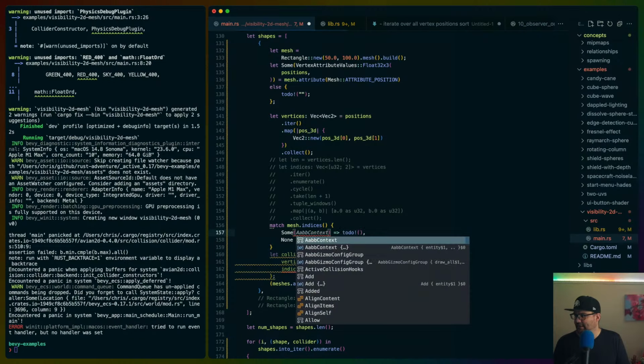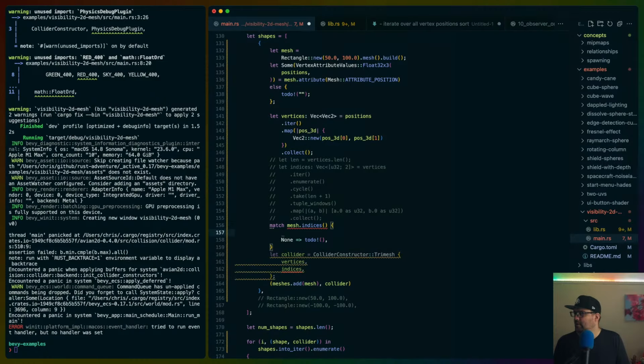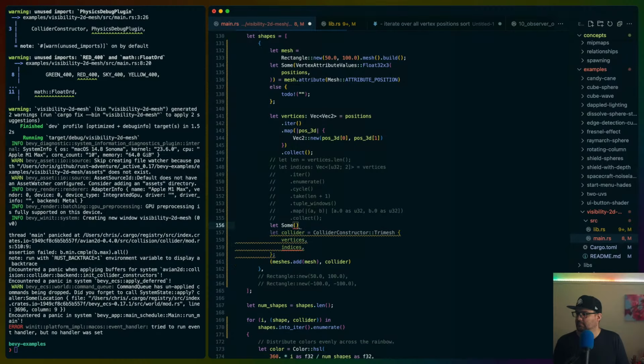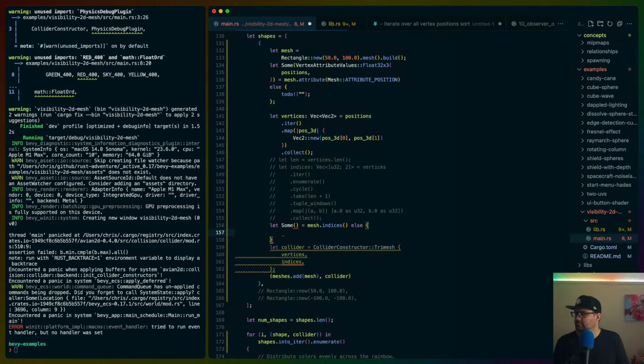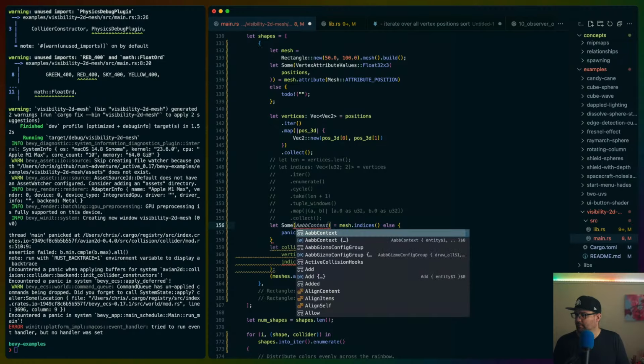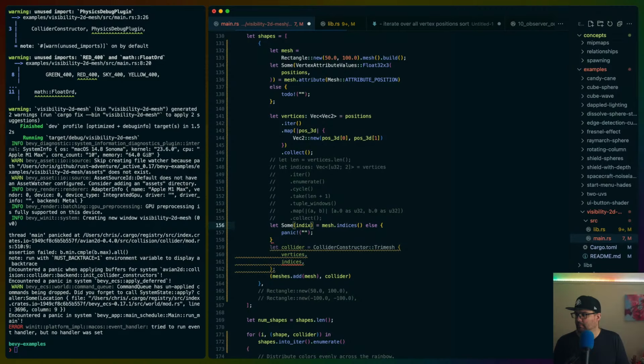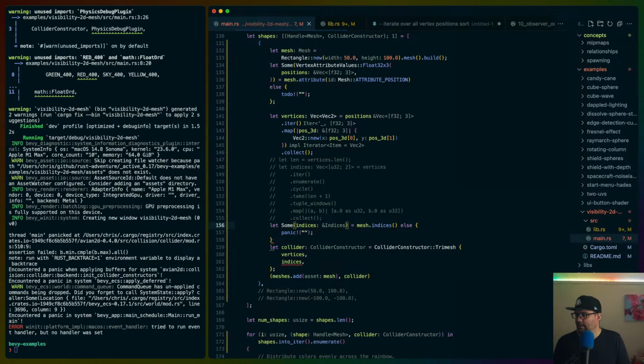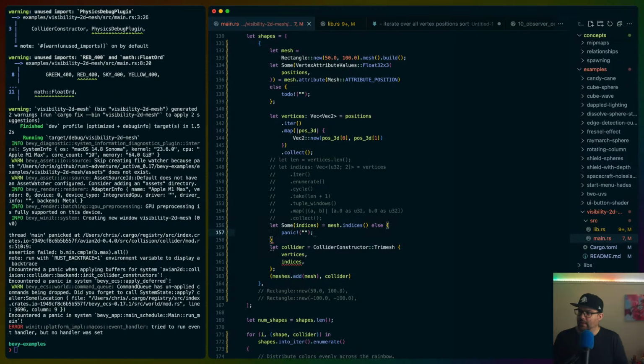Dang. That's unfortunate. Let's just assume. Right, and then this is indices, and indices can be one or the other.